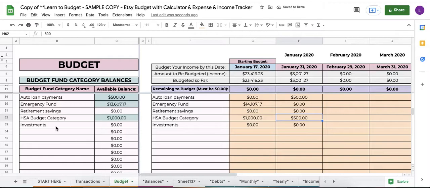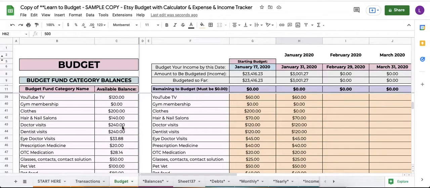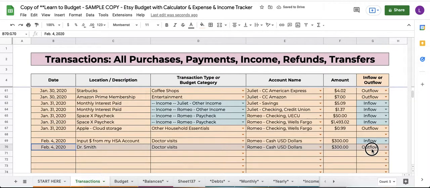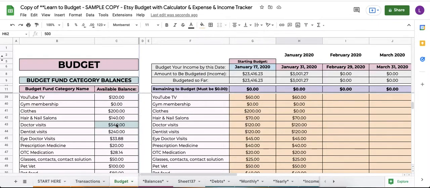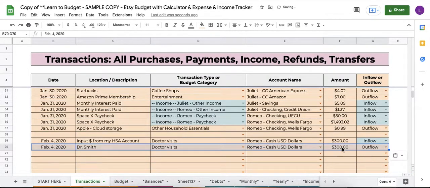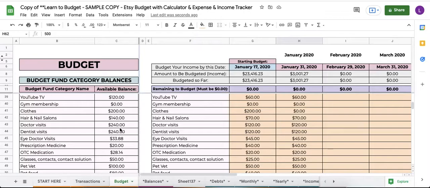All right, so in my budget of doctor visits, I had $240, and then I input $300 into my doctor visits, so that means I now have $540 available in my doctor visits, but then I spent $300, so that means I again have $240 available in my doctor visits.